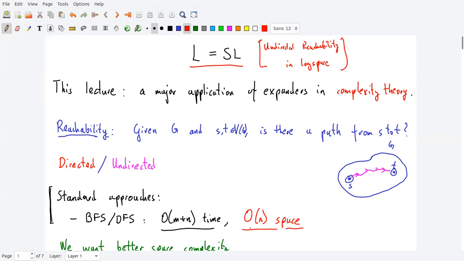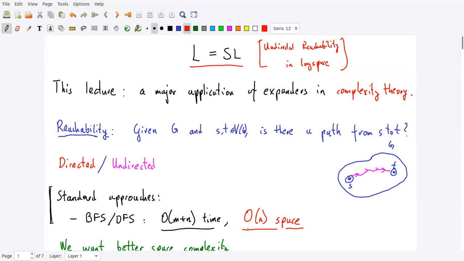For the BFS, this is linear space for the queue of vertices to be visited. For the DFS, the linear space is taken by the stack of consecutive recursive applications of the search.